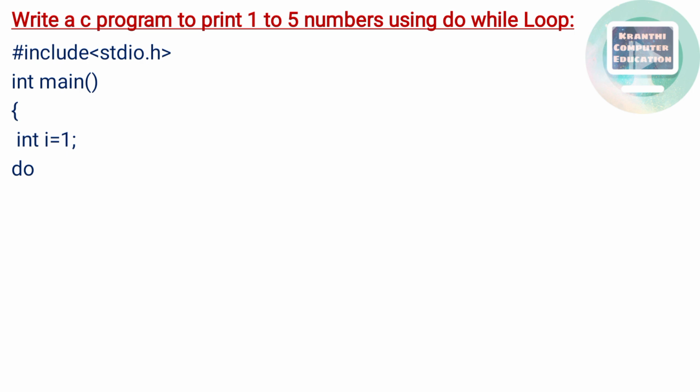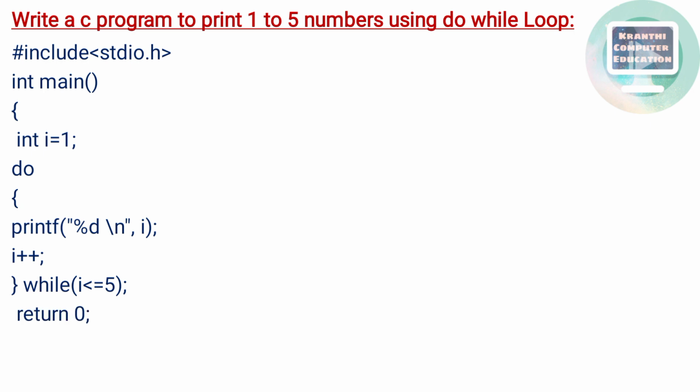Next do keyword, opening brace, printf statement, and then increment statement, and then closing brace, and while keyword and a condition, and then return statement, return 0, and main function closing here. So this is the program we just wrote to print 1 to 5 numbers by using do while loop.